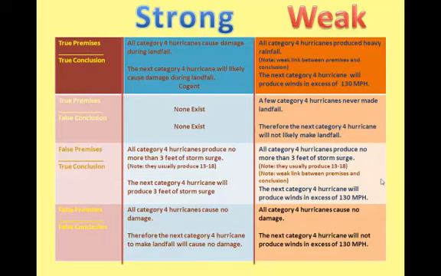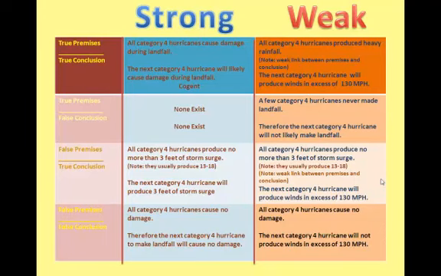Notice the example, all Category 4 hurricanes cause damage during landfall. The prediction, the next Category 4 hurricane will likely cause damage during landfall, is a strong prediction. This is both strong and cogent because all premises, all statements, including the conclusion, are true.